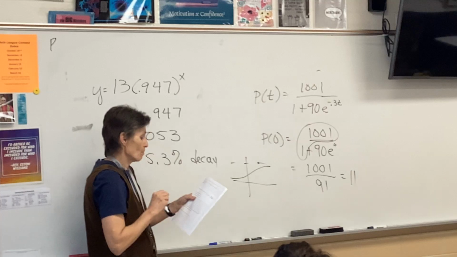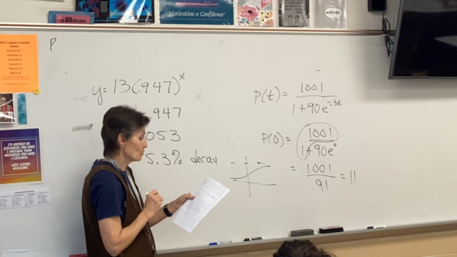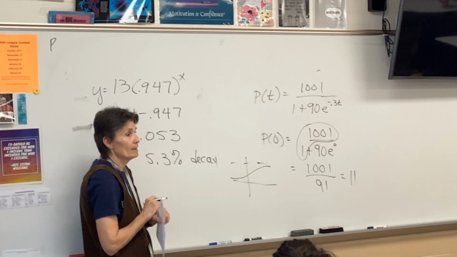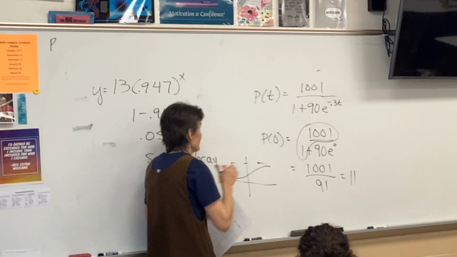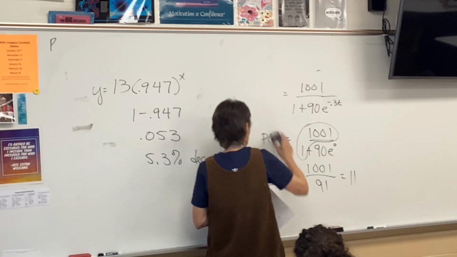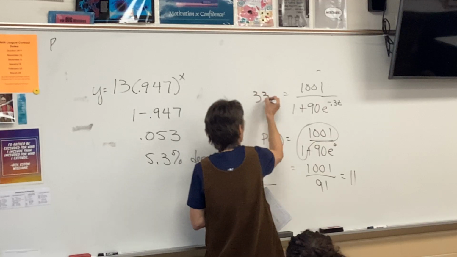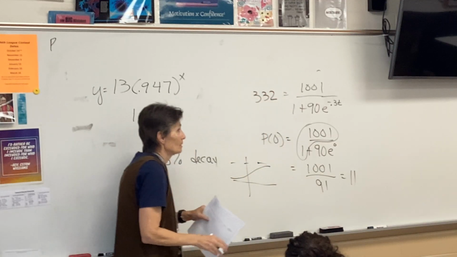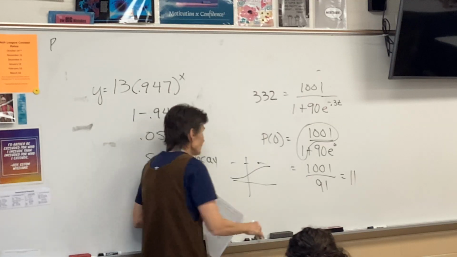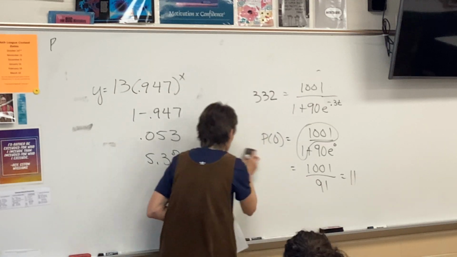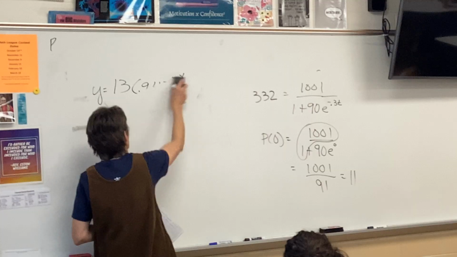When will there be 332 athletes in the city? Set it equal to 332. And then we have 2 ways of solving.